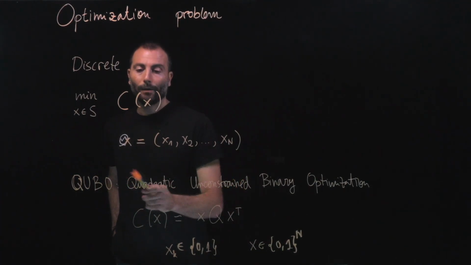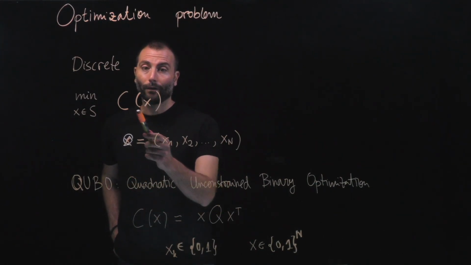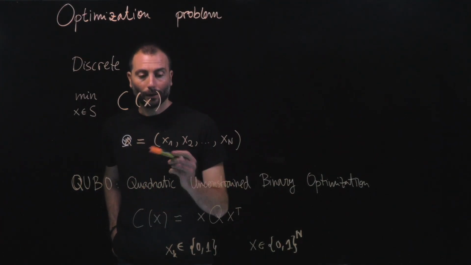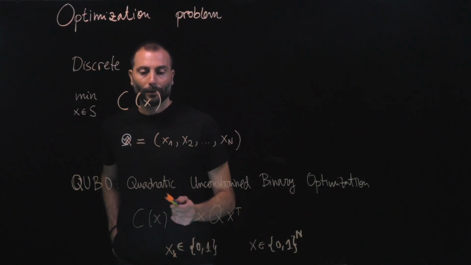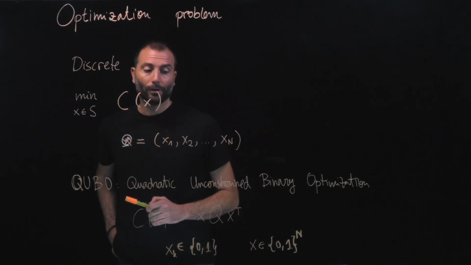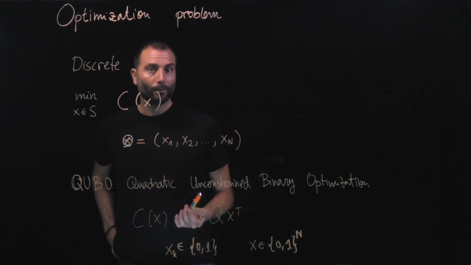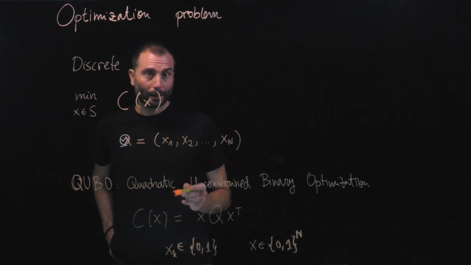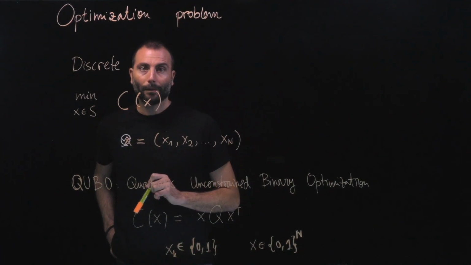And for the idea of being quadratic, I will show as well that even if a cost function is not quadratic, with some smart techniques, we can also map it into a quadratic one. The objective of this lecture is to show that QUBO problems are a very general family of problems, and that many interesting problems can be mapped into them. And this is what precisely we'll do in the next lecture, mapping practical problems into a QUBO formulation.